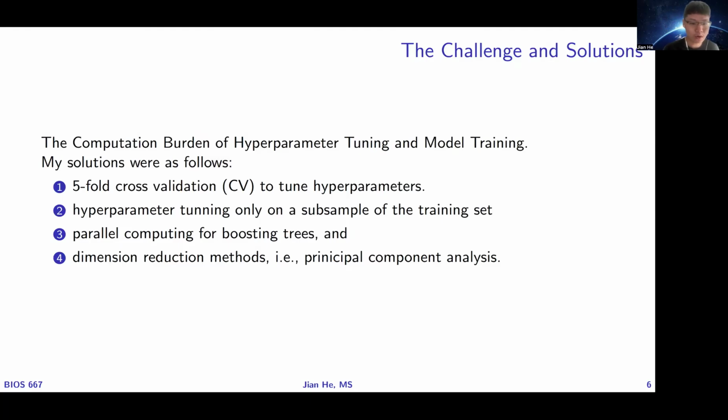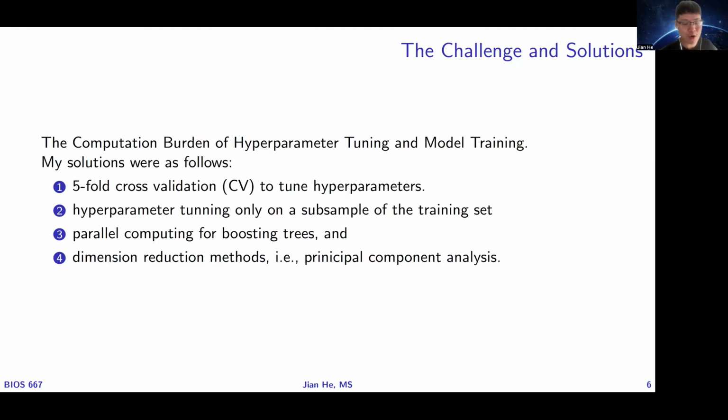My solutions are as follows. I used 5-fold cross-validation to tune the hyperparameters. I only performed the hyperparameter tuning on a subsample of the training set to alleviate the computation burden.